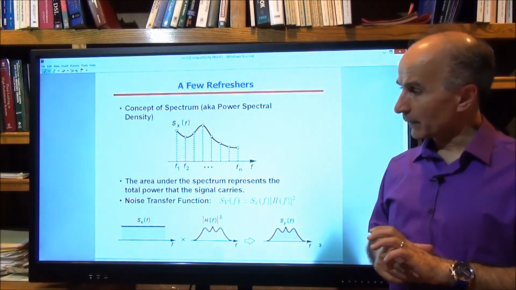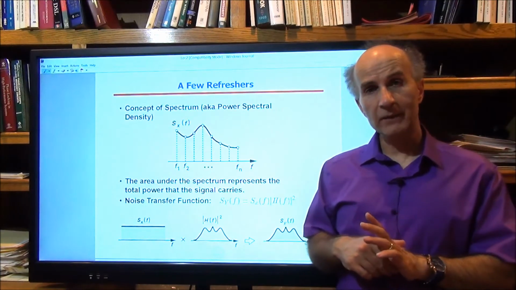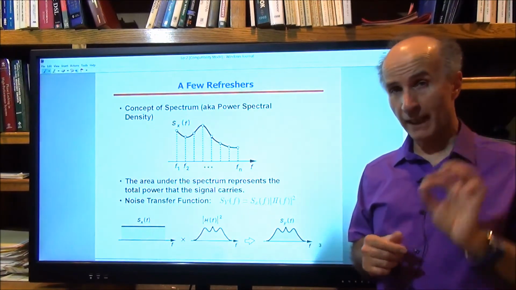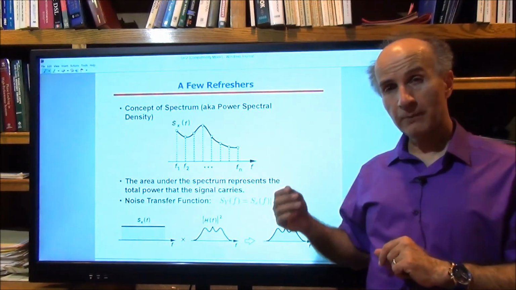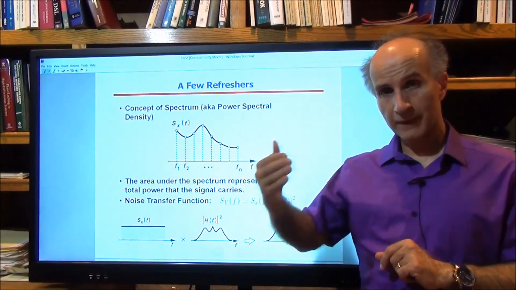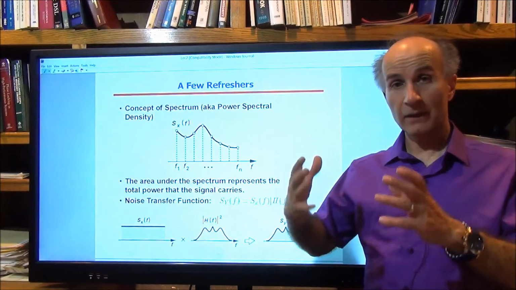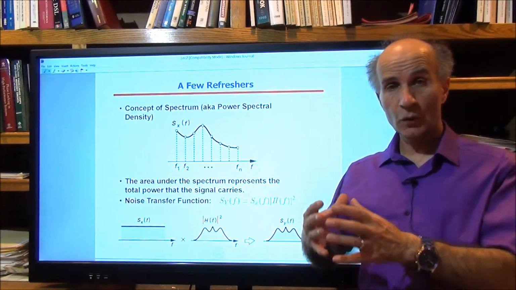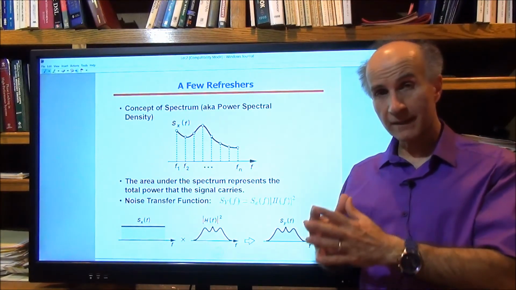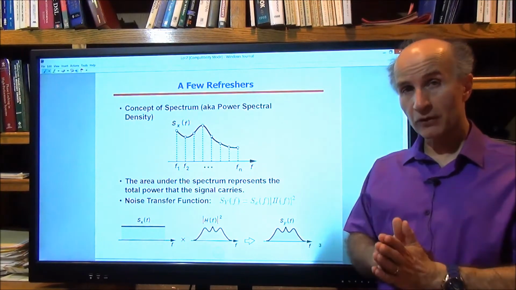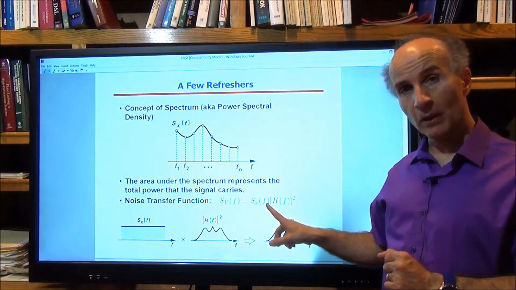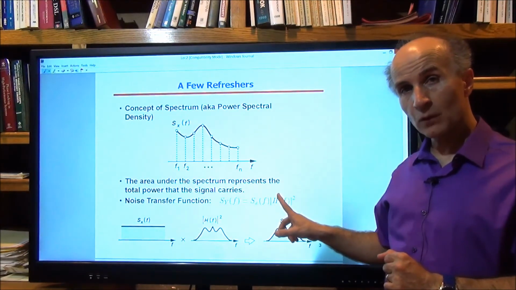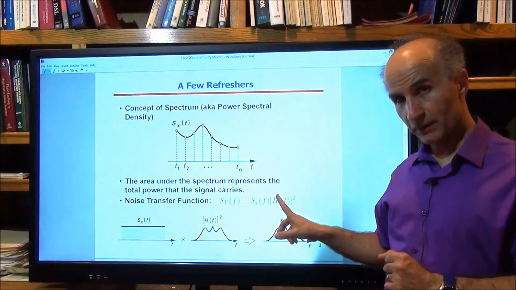Okay, the second concept that we talked about last time and is central to our analysis is this theorem that says if we have the input spectrum to a system, and it's a linear time invariant system whose transfer function is H(s), then the output spectrum is given by the input spectrum multiplied by the magnitude squared of the transfer function.